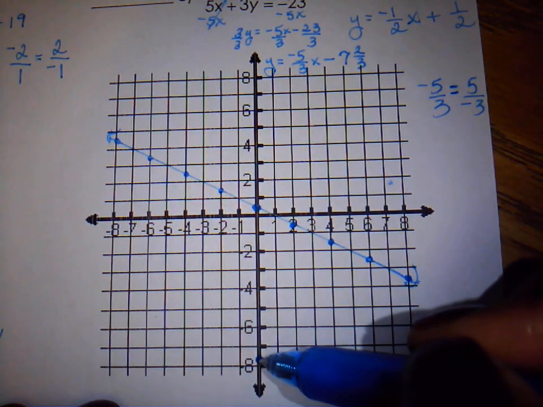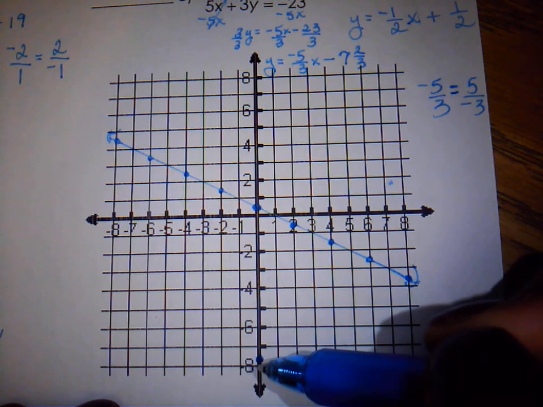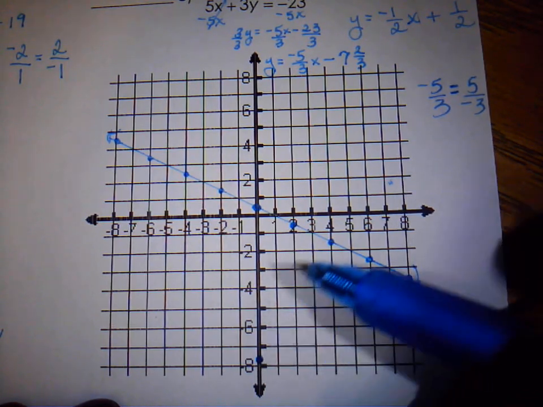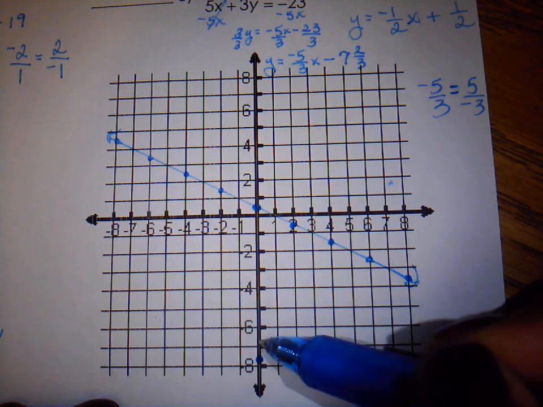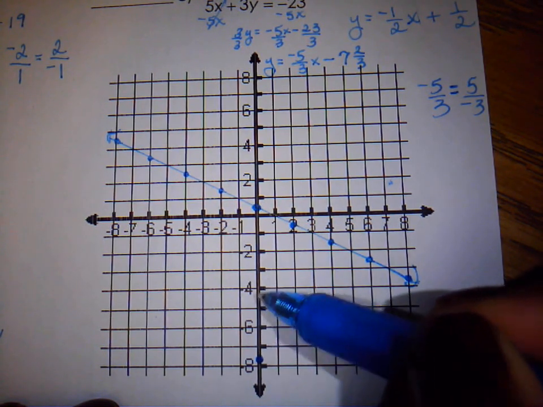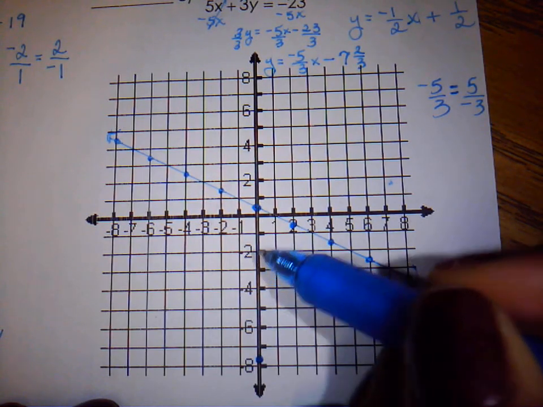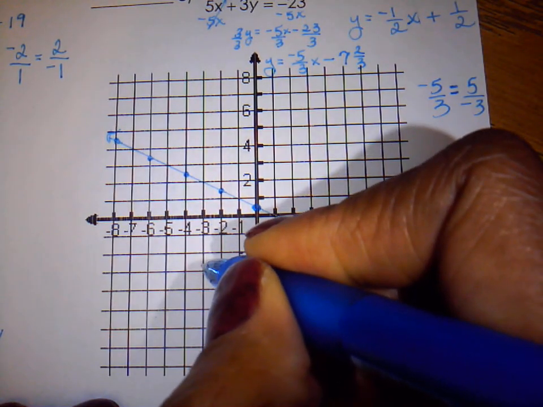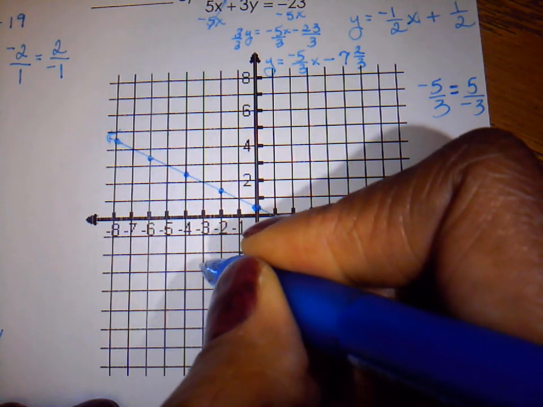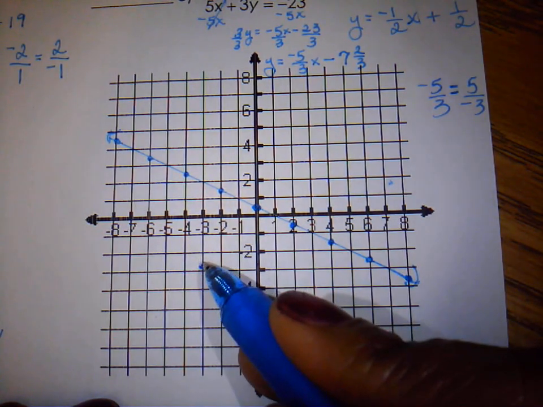So I'm going to go up 5. Now this is going to feel weird because we're not used to working in between the lines. But it is what it is. So I'm going to go up 5. 1, 2, 3, 4, 5. But back 3, okay? 1, 2, 3. And notice where I'm putting my dot. If I started at 2/3, I should end at 2/3, okay?